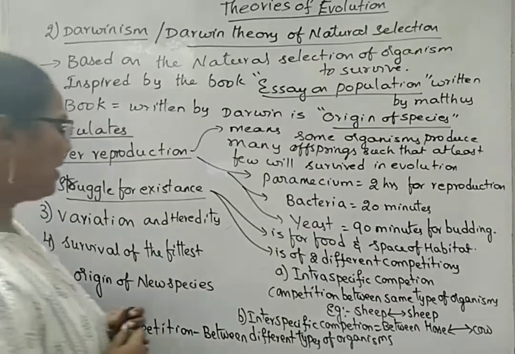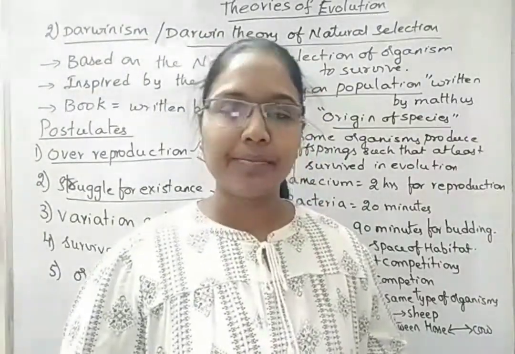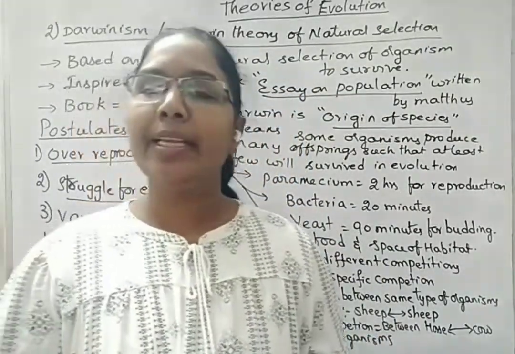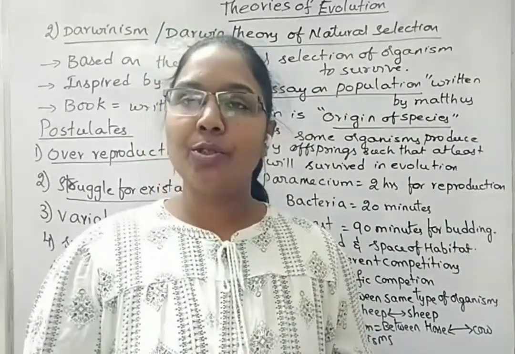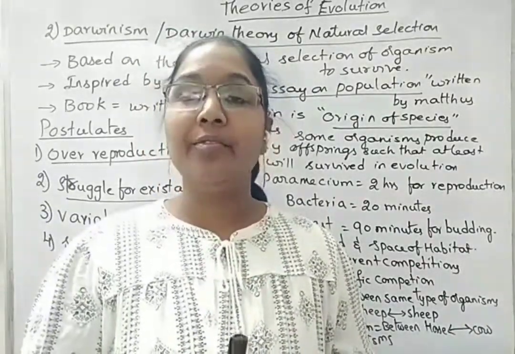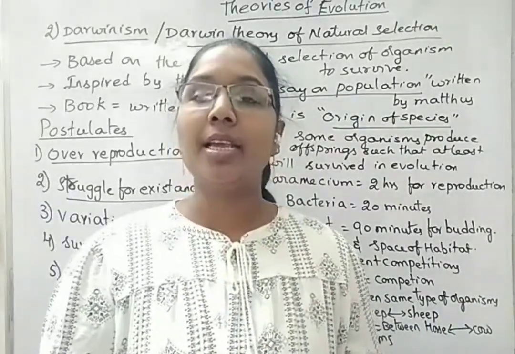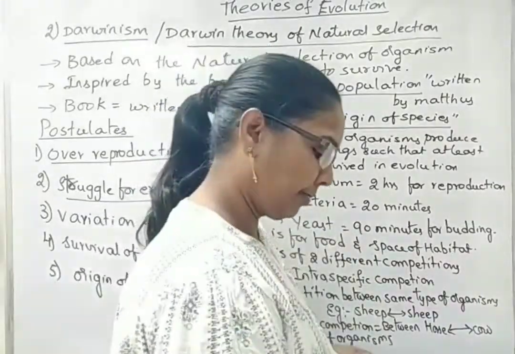Next one, variations and heredity. Darwin also said that in course of during the evolution, there are many changes in the living organisms. Means they have showed many phenotypic variations, and those phenotypic variations have been inherited to the next offsprings.